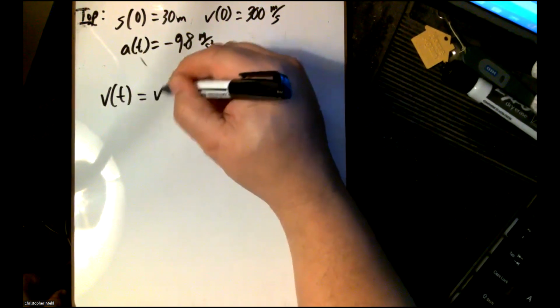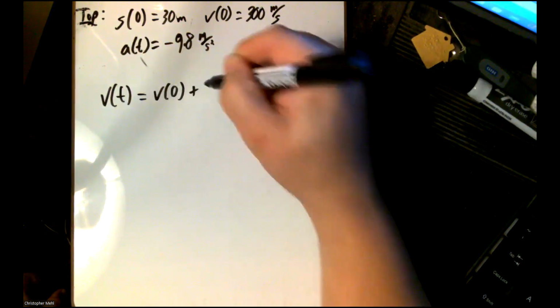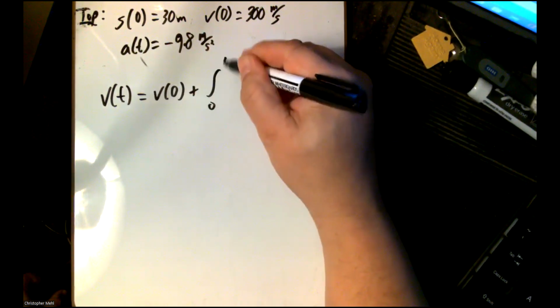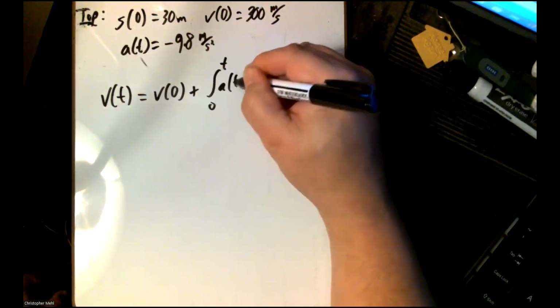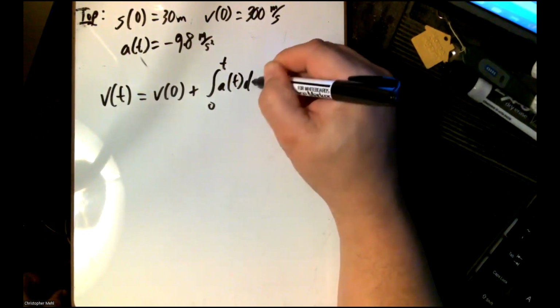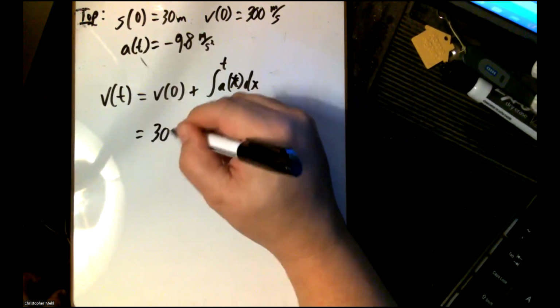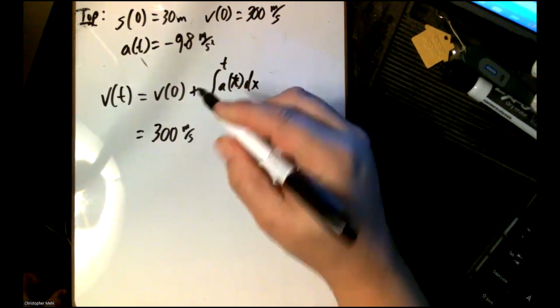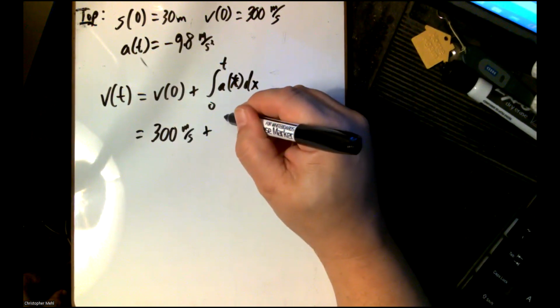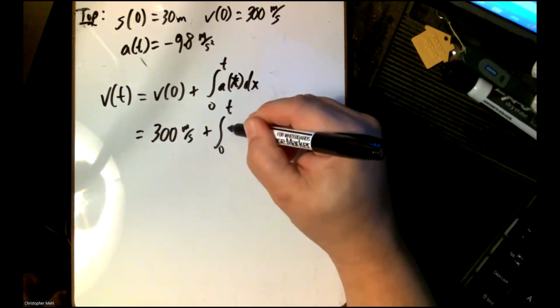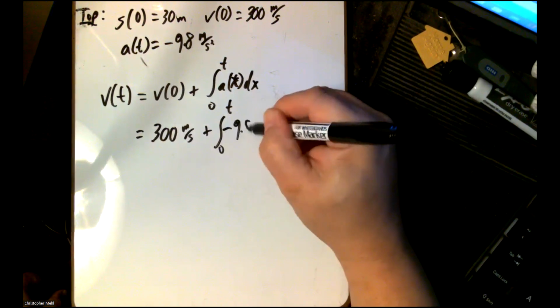So the velocity at any future time t is the initial velocity plus the integral from 0 to t of my acceleration function. Velocity at time 0 is 300. The integral from 0 to t of negative 9.8.